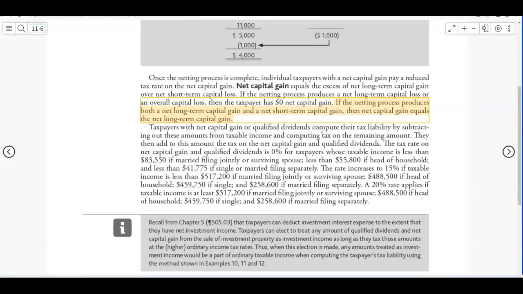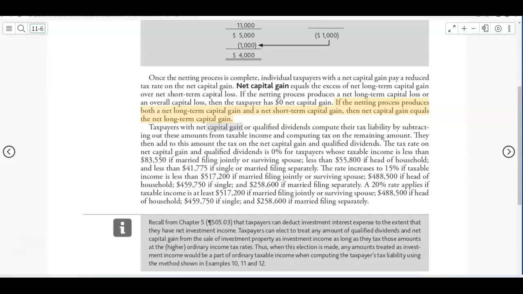Taxpayers with net capital gain or qualified dividend compute their tax liability by subtracting out this amount from taxable income and computing tax on the remaining amount. So net capital gain, remember, you have favorable tax rate. So you don't want to mix it up with your ordinary income.